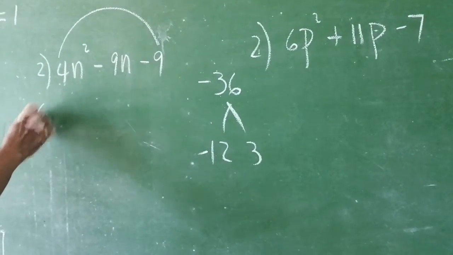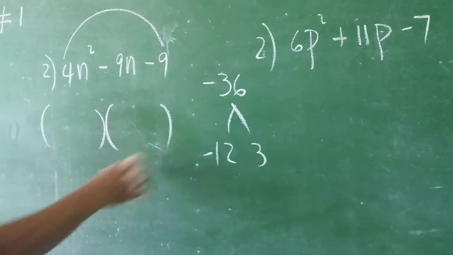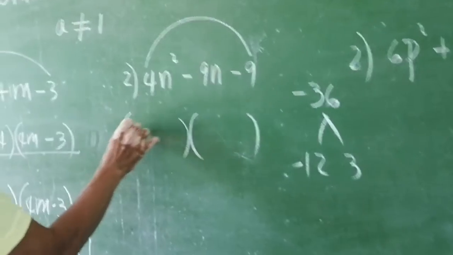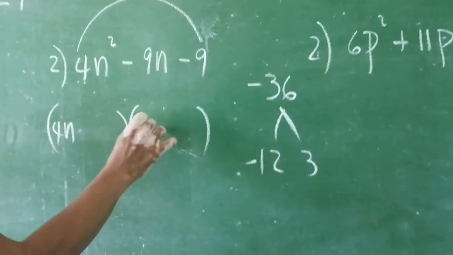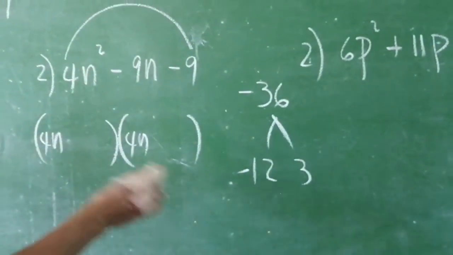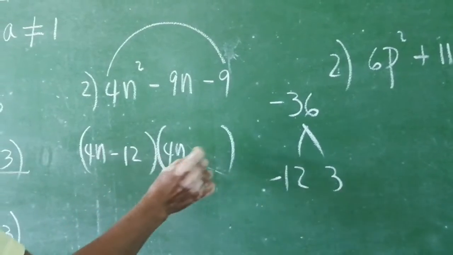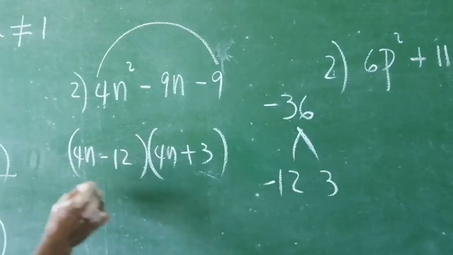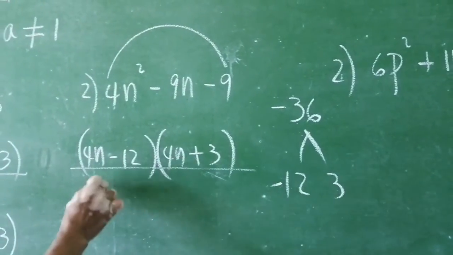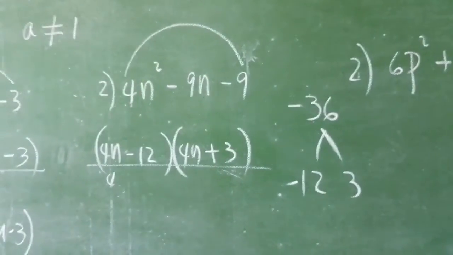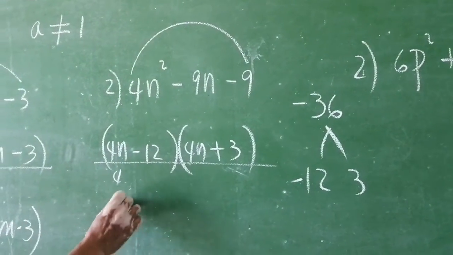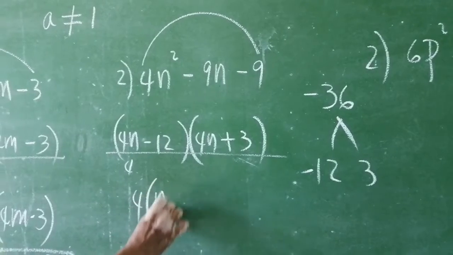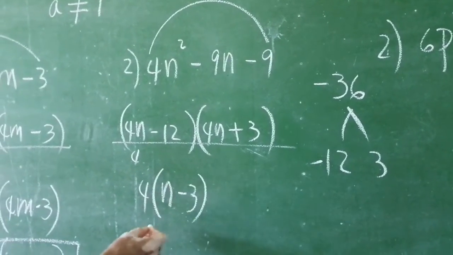Like before, parentheses. And you put 4n here, 4n here. So minus 12 plus 3. Do not forget there must be 4 here, so that you can factor out 4. So that n minus 3.